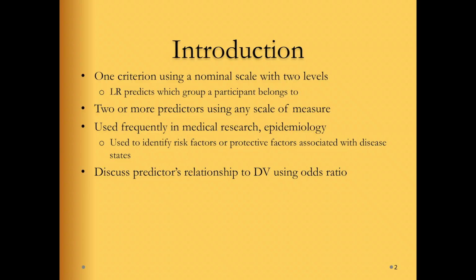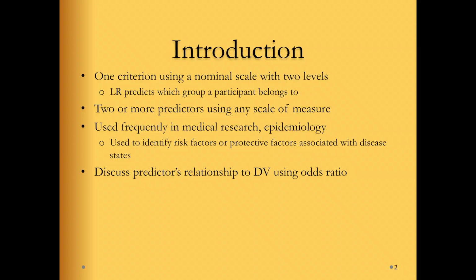In contrast, we will use logistic regression to predict group membership on a dependent variable using a nominal scale of measure and with two levels. Thus, like multiple regression, predictors in logistic regression can be any combination of categorical or continuous variables.